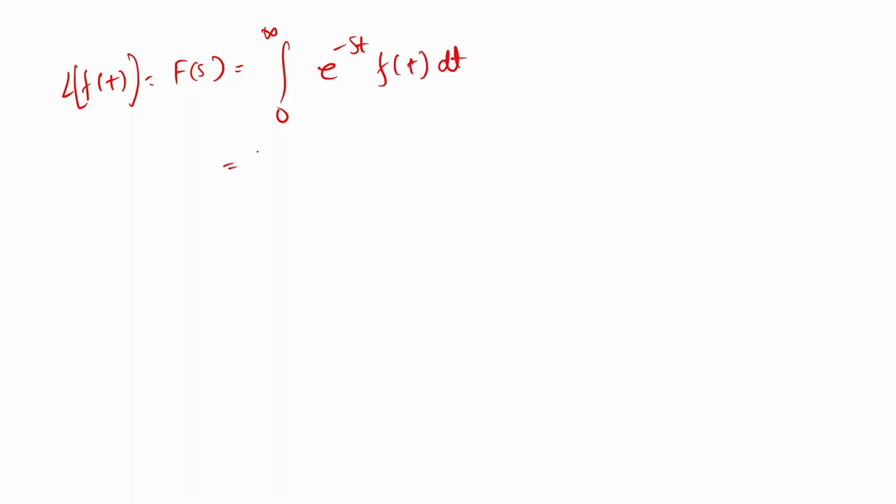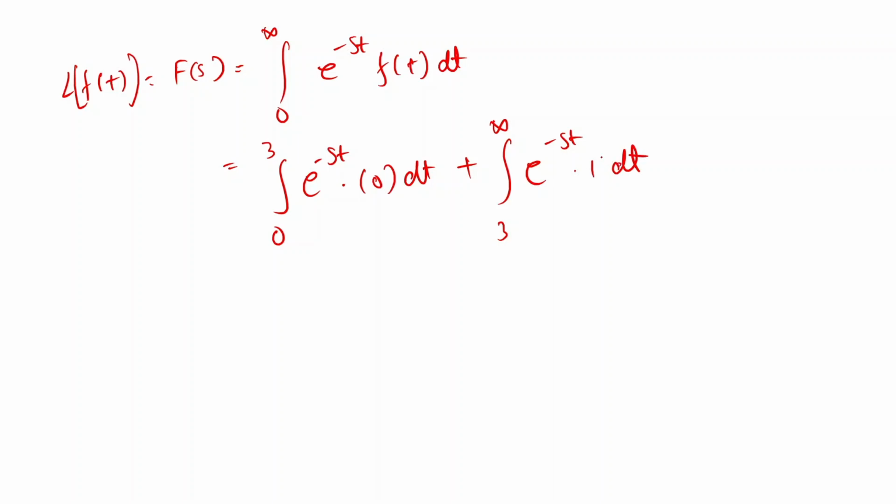The function we have been given is a piecewise continuous function. So from 0 to 3, the value of the function was 0, and from 3 to infinity, the function value was 1, with e raised to minus st dt. The first term is a multiplication by 0, so this entire term will become 0.